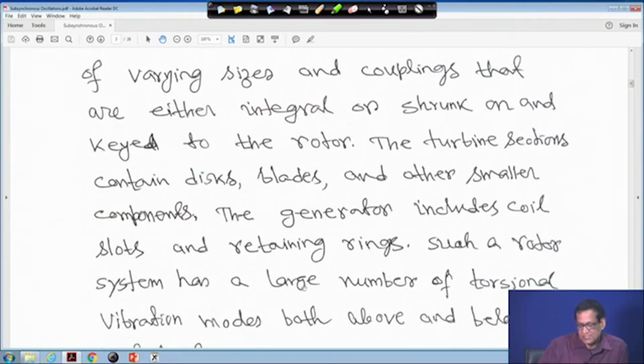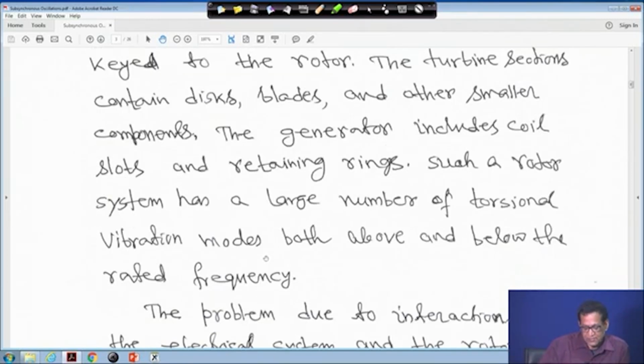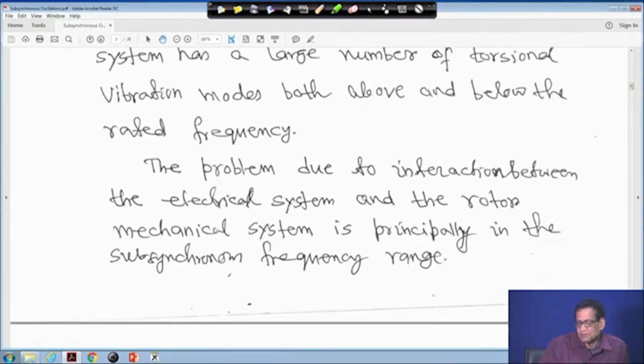Such a rotor system has a large number of torsional vibration modes, both above and below the rated fundamental frequency. The problem due to interaction between the electrical system and the rotor mechanical system is principally in the subsynchronous frequency range. These are things studied by many researchers in the past, and only a little bit we will study in this lecture.